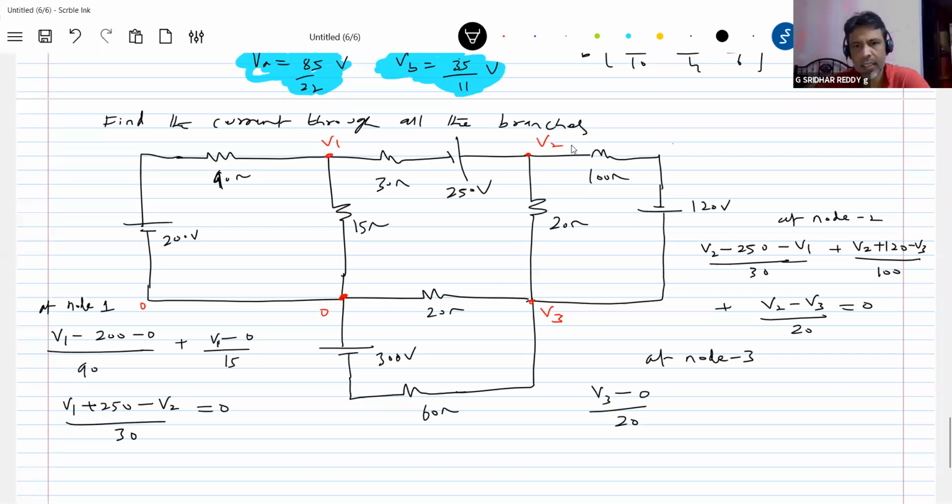Next again, V3 minus V2 by 20, V3 minus 120 minus V2 by 100. Current will also flow through this branch connected to V3, so this should be V3 plus 300 minus 0 by 60.